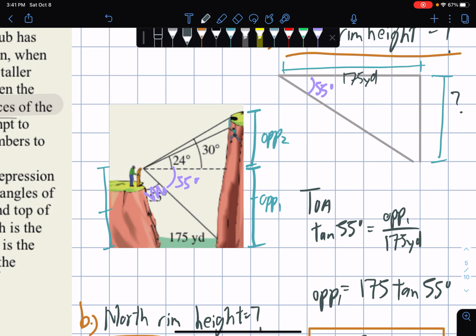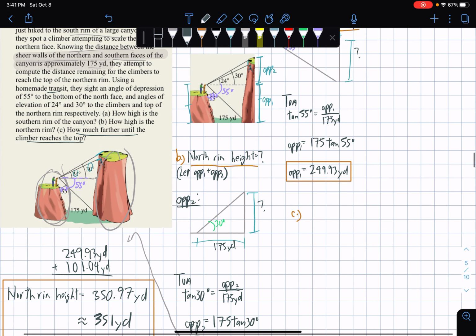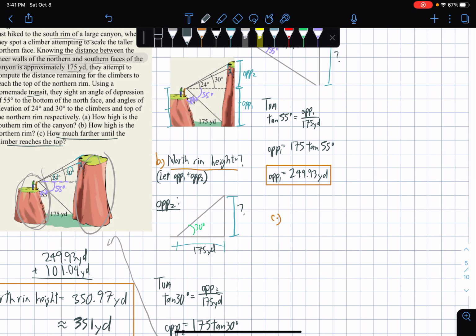How could we solve for that? Well, basically, it's opposite 2 minus, assume the 24 degrees value is opposite 3. So, opposite 2 minus opposite 3.